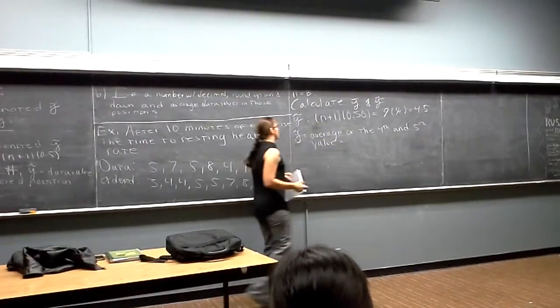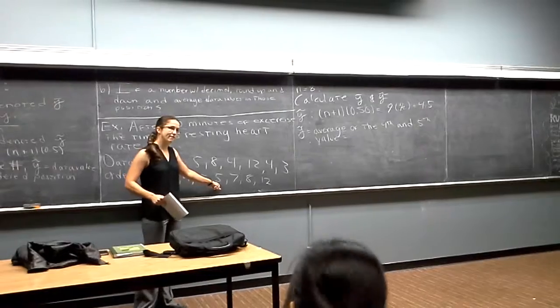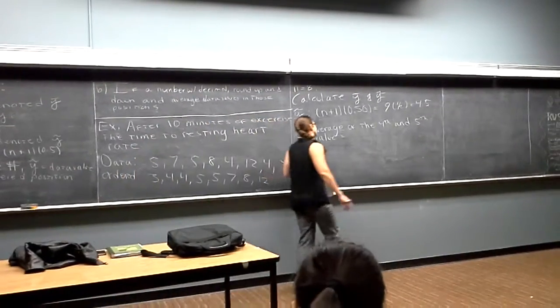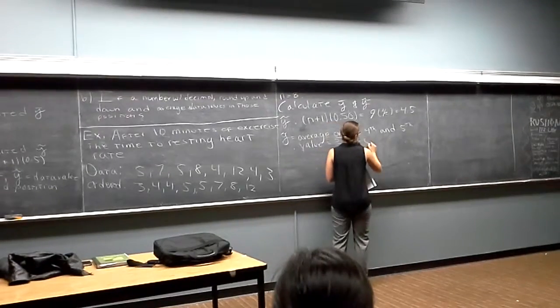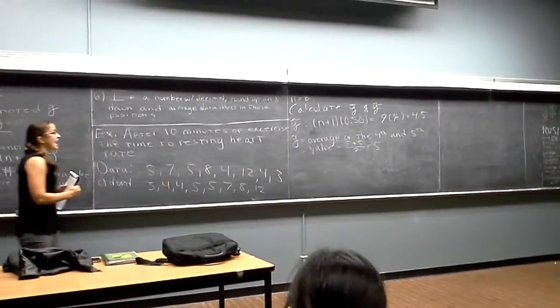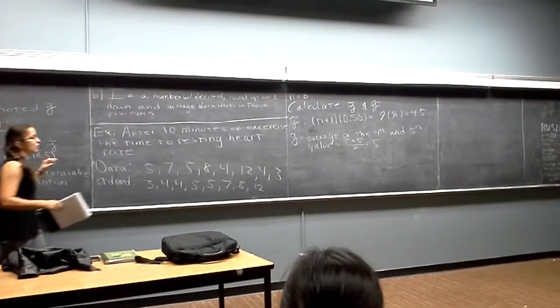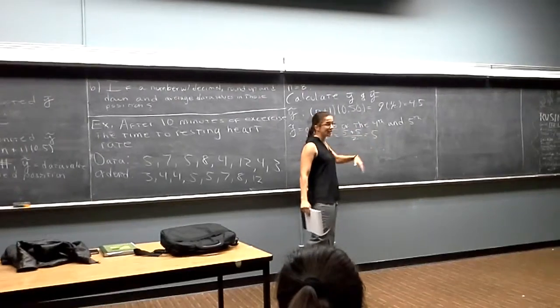So you go to your data, count 1, 2, 3, 4, 5. They both happen to be the value 5 in this case. So it's 5 plus 5 divided by 2, which of course is just 5. So that's what I mean by round up and down and take the average of those 2 values. This is what I call the rounding rule, because we use it for many other things than the median.